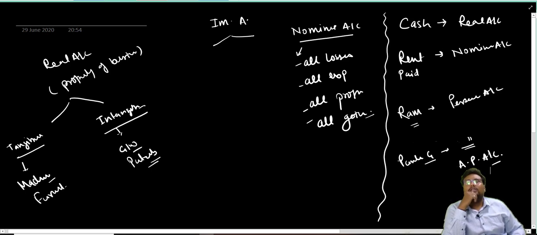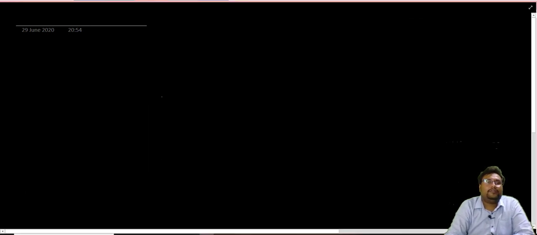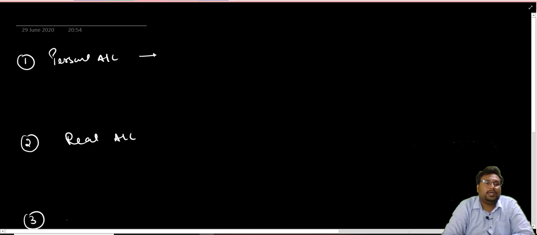Now beta, the second segment, what we have to learn, the rules of personal, real and nominal account. So let's proceed to the rules. We have three accounts and we will understand the rule of each and every one. Personal account. Second one is real account. And third one is what, beta?